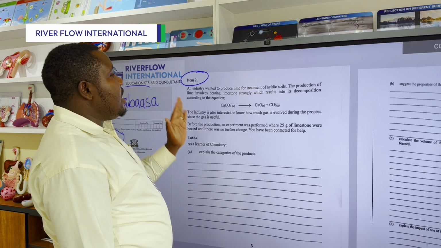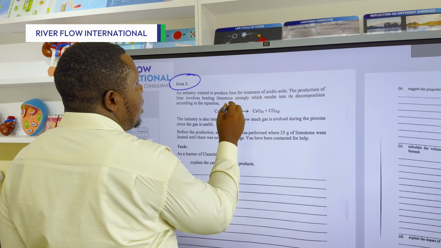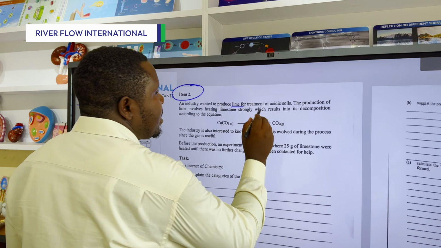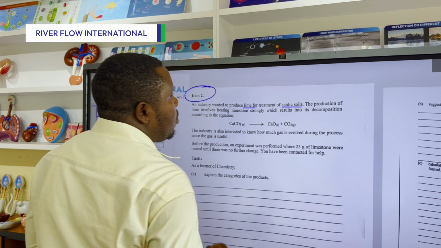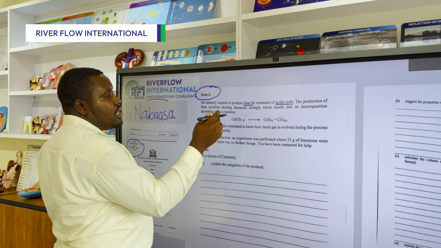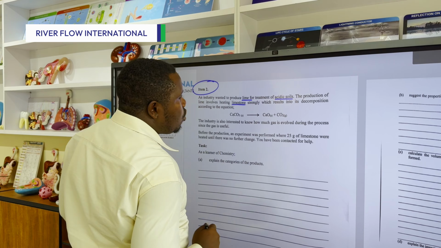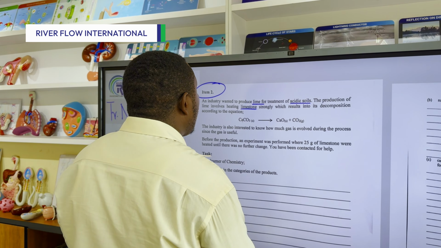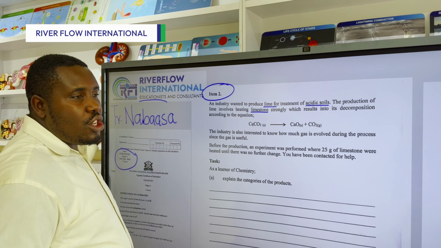We are saying that an industry wanted to produce lime, so we are going to underline lime, for treatment of acidic soils. The production of lime involves heating limestone, so we also underline limestone strongly, which results into its decomposition according to the equation.